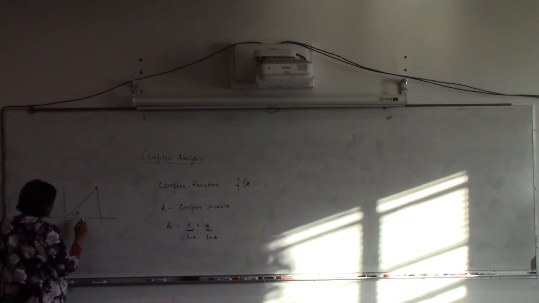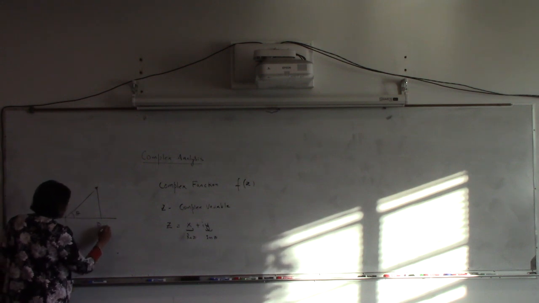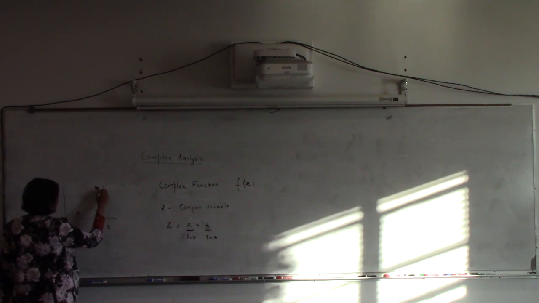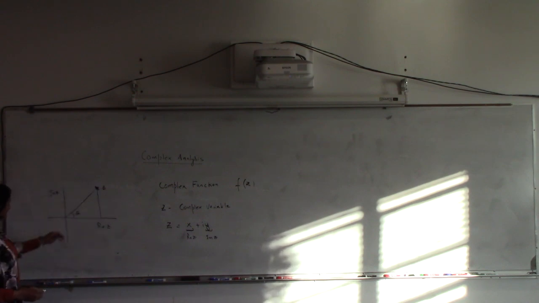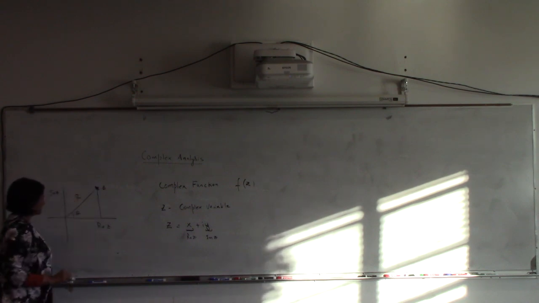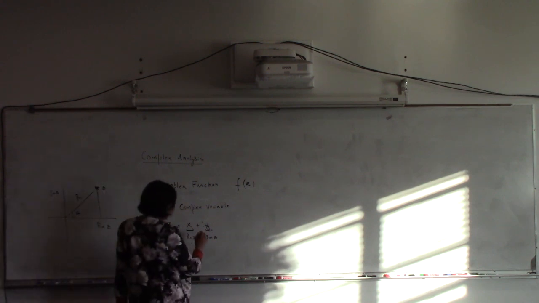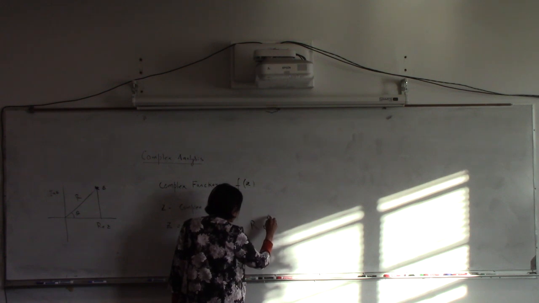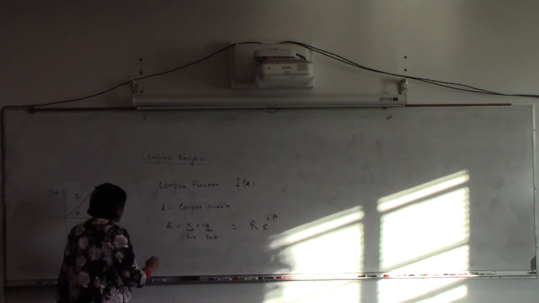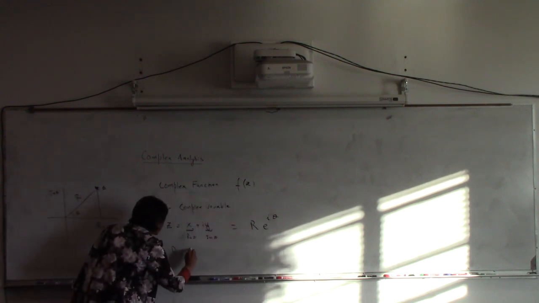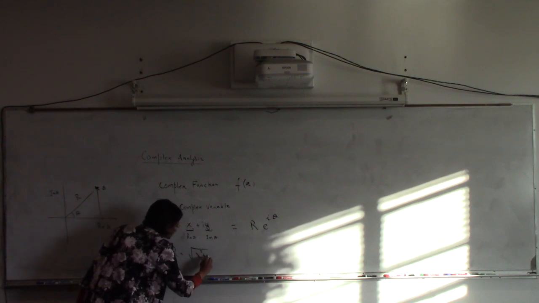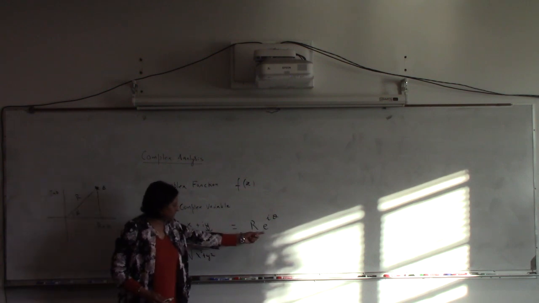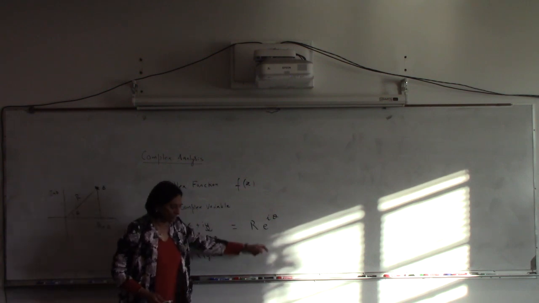Theta is this. Let's call this the real part of z, and this the imaginary part. And if r is the distance here, we can also represent this complex variable as r exponential of i theta, where r is nothing but the square root of x squared plus y squared. Both are representations you're normally used to, but most of the time in complex variables we'll be using this representation.